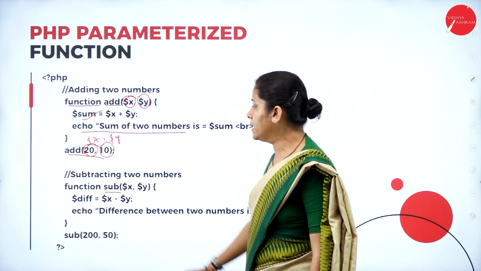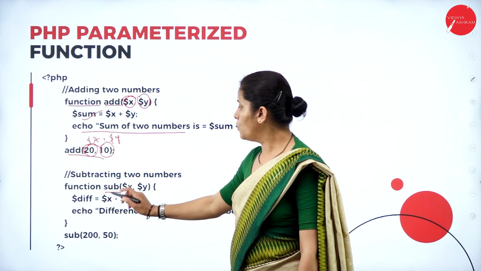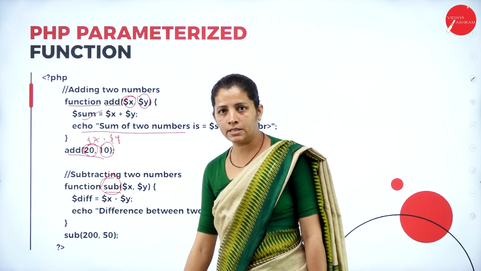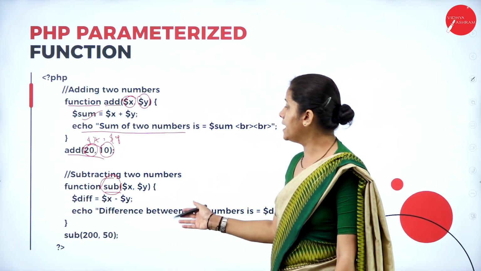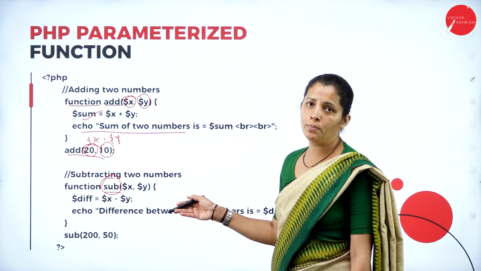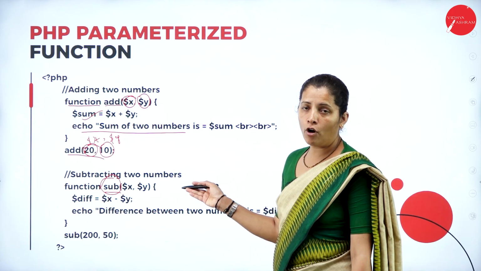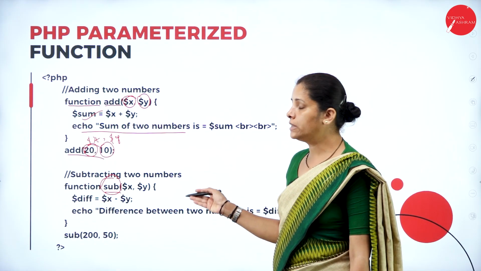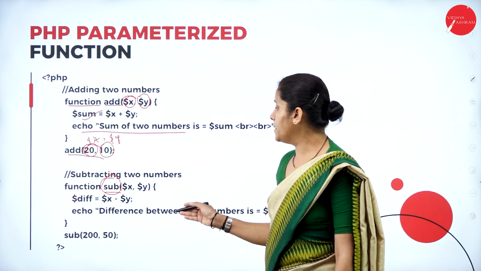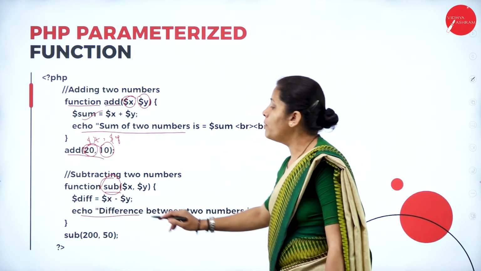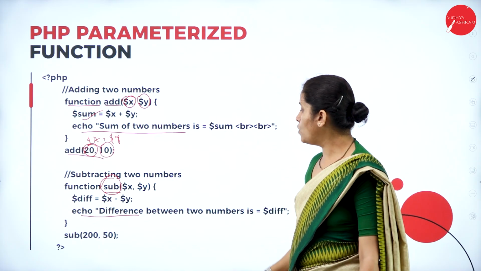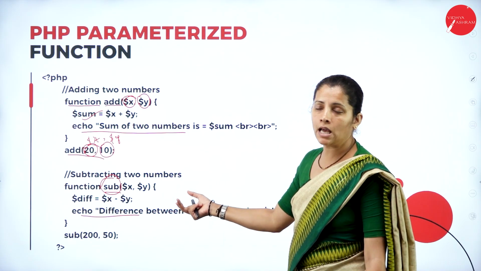Okay, fine. If I consider subtraction, what's my function name? sub. It takes two parameters, that is x and y. After performing subtraction, I'm going to get the difference, and then I'm going to display the output.